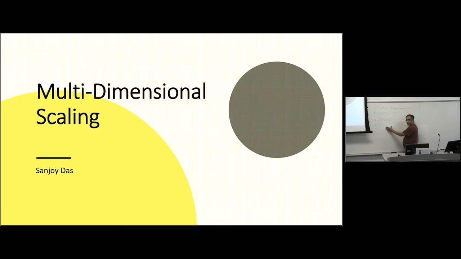Correct? And so ui vi transpose is a matrix of the same dimensions as A, and we are using this summation of rank 1 matrices to give us A. Now, sigma i's are also arranged in decreasing order. So sigma 1 is the highest, and they're all positive. We don't have to worry about taking the absolute values. So sigma 1 is the highest, then sigma 2, then sigma 3, and so on, right?